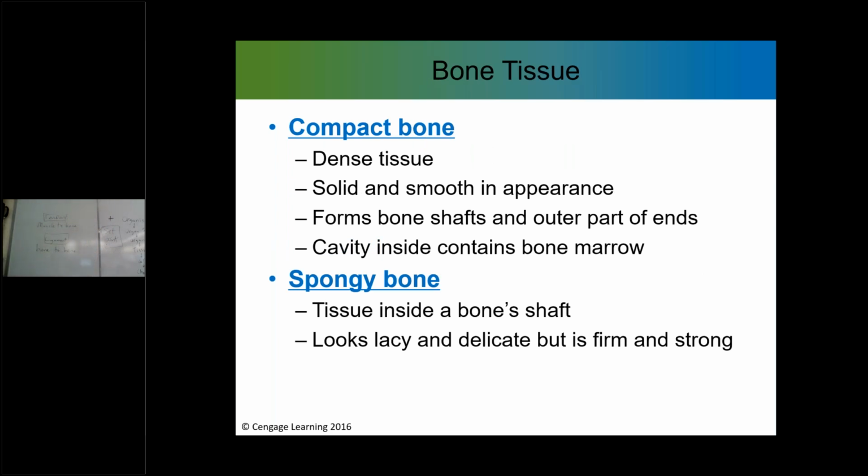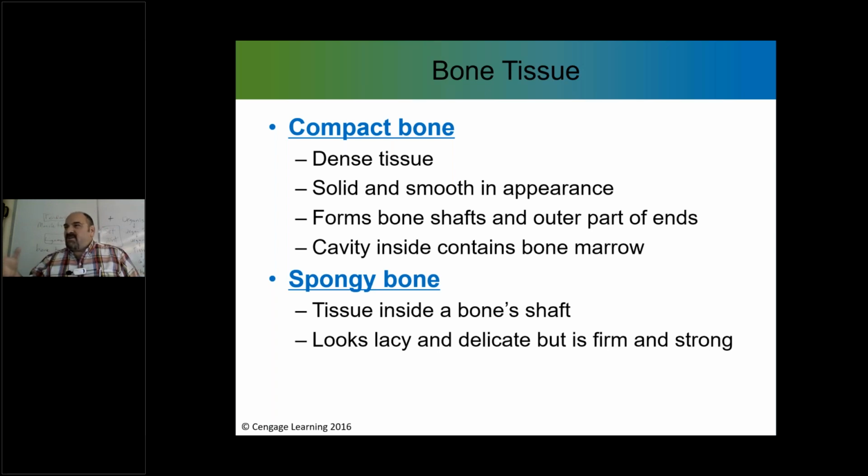Types of bone that are present: compact and spongy bone. Compact, when you think of dense bone, compact bone. Spongy bone, what does a sponge look like?